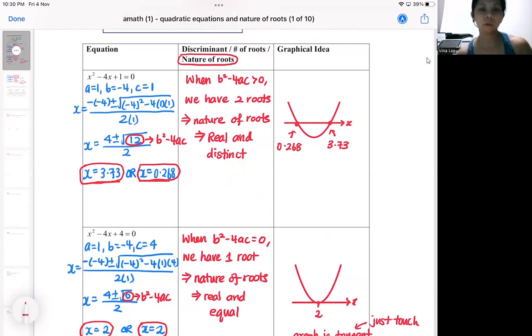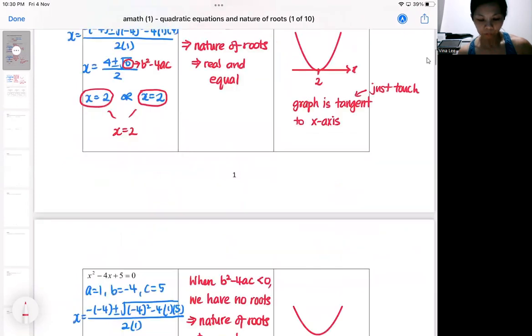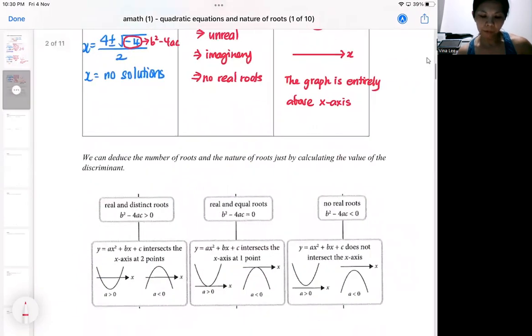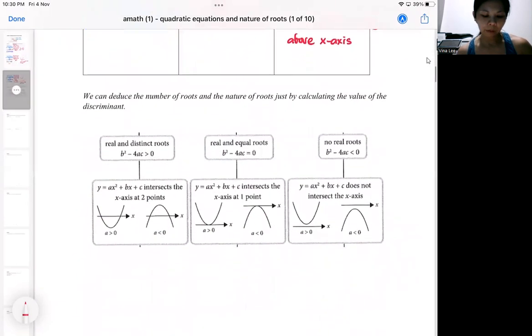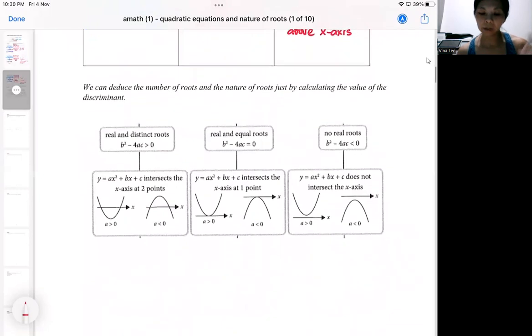I'm going to roughly show you, and your job is to see whether you can answer the rest of the questions that follow. Before I show you, let's do a quick summary first. I am not concerned about the value of the roots.